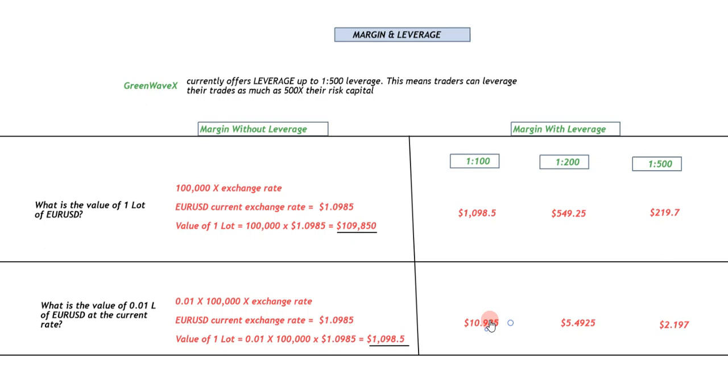So the next time you want to open another trade, the market is going to consider what you have left as your margin, not what you have left as your capital. So traders should make sure that they don't over leverage their account, and they need to watch their margin level in order to avoid what we call stop out or margin call.